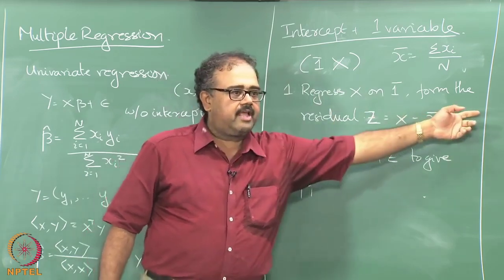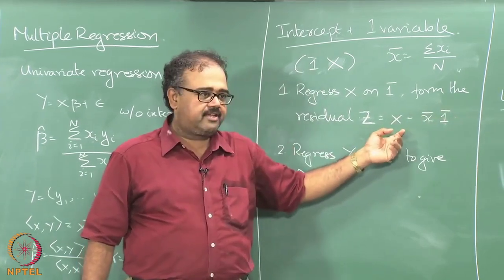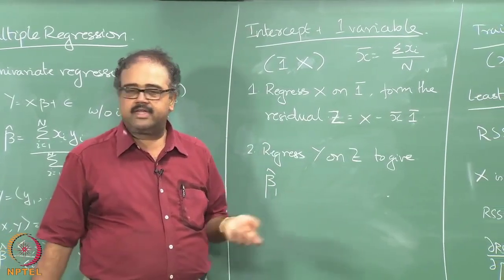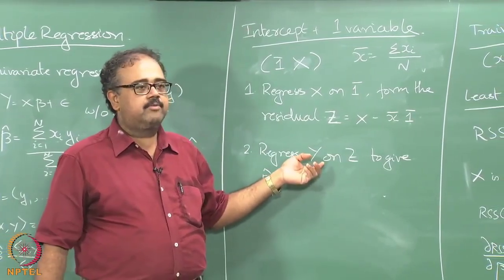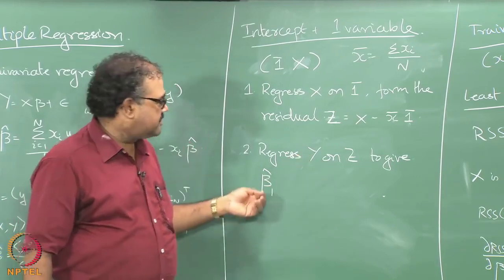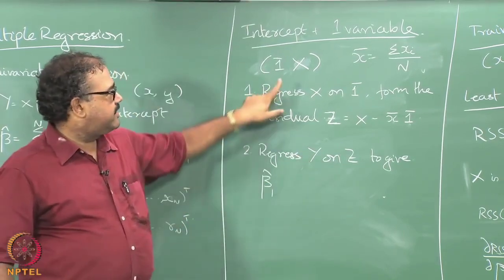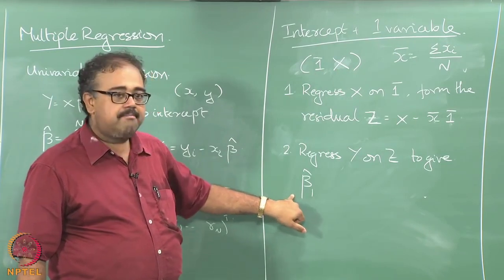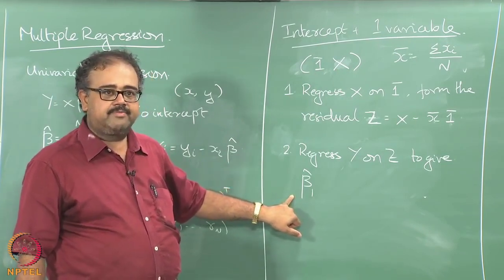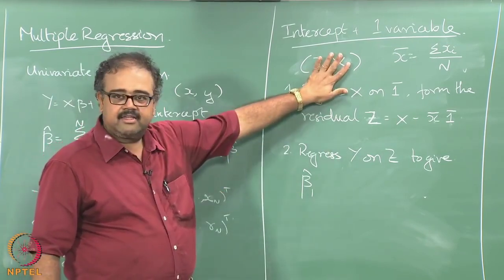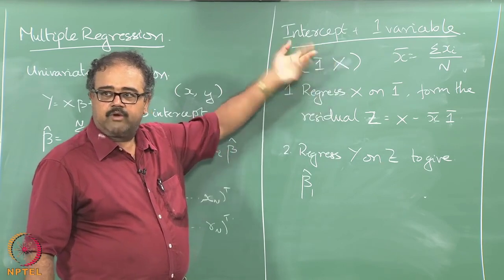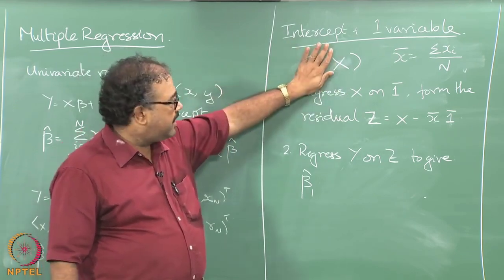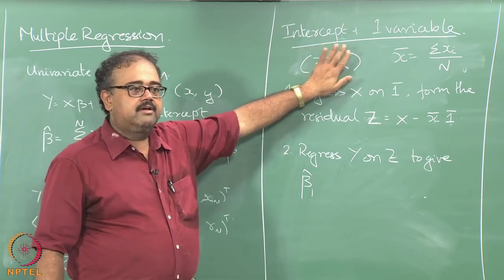Whatever is left is the individual variations on the data point, and I use that to predict my output value y. Given that there are 2 dimensions 1 and x, beta 1 hat tells me the contribution of x after I have used 1 to explain the output. Given I have taken care of 1 already, what is x.